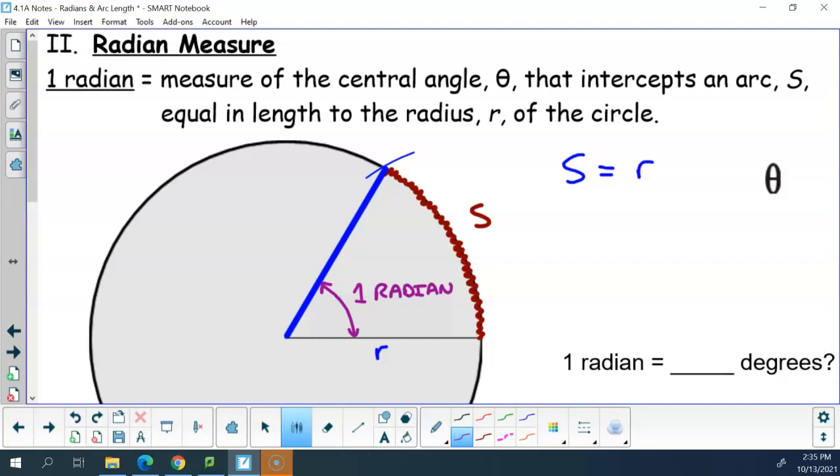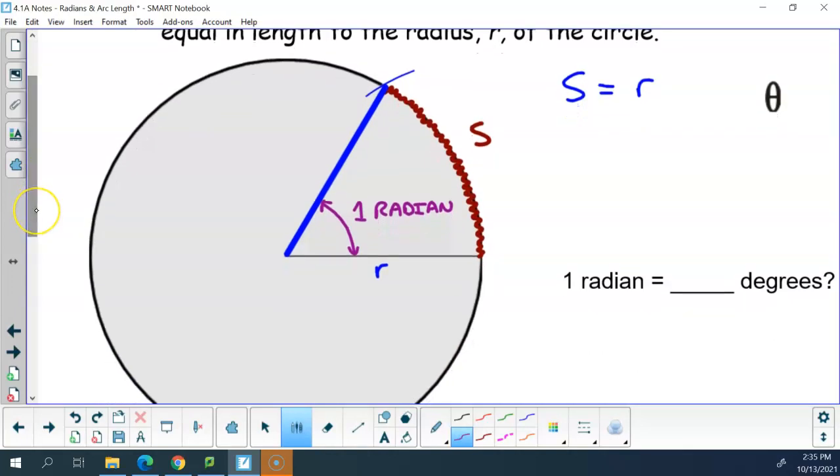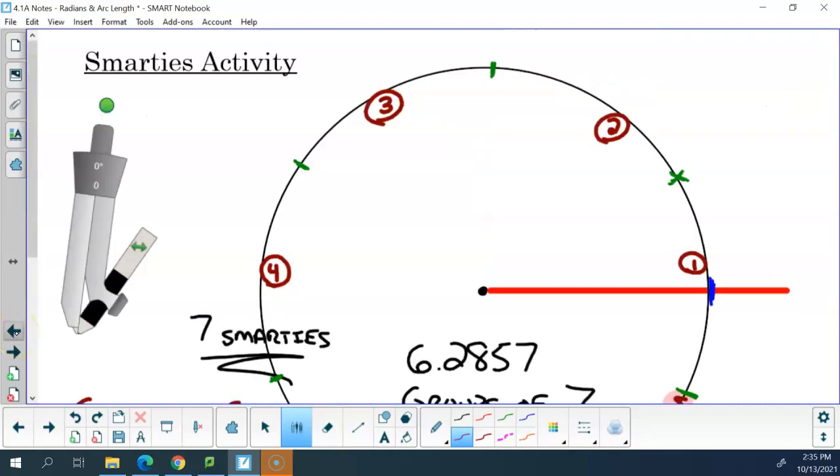One radian is the angle that gets formed to go 1 radius on the edge of your circle. There are 2 pi radians in an entire circle. We just found that right here. We found that there were 2 pi radians, or 2 pi Smarties, to get all the way around our circle.